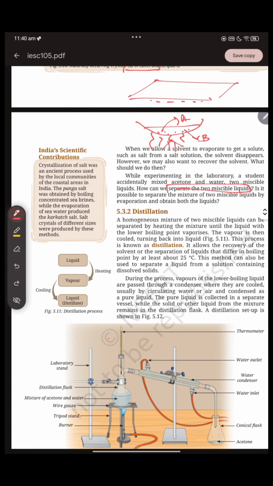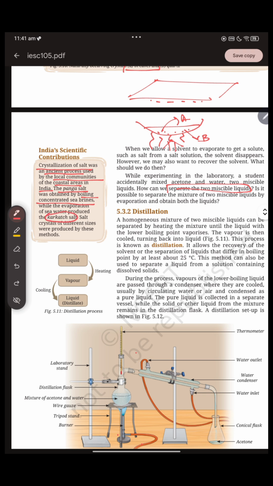Now, crystallization of salt is an ancient process whereby the local communities of the coastal areas in India obtained panga salt by boiling concentrated sea brine. Sea brine means salt water, while evaporation of the sea water produced a salt which was karkach. Okay.